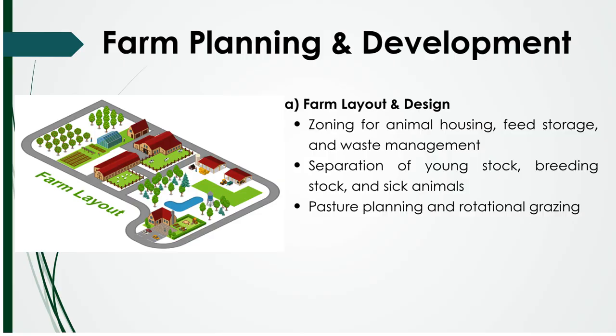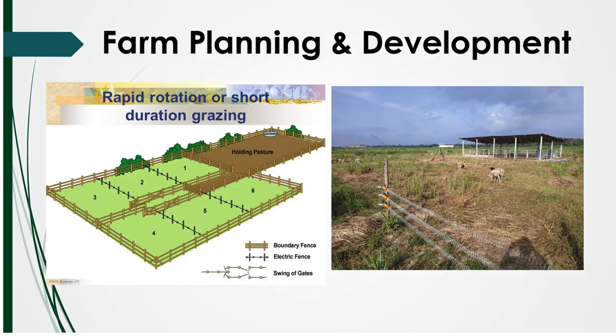Okay. Right. Next, pasture planning and rotational grazing. Not necessary, but if you have these things, that's good for your farm. Okay, this is one example. If you want to have the rotational grazing, at least you will plan for 6 plots, because in one plot we will deploy the animals for 1 week, 7 days.